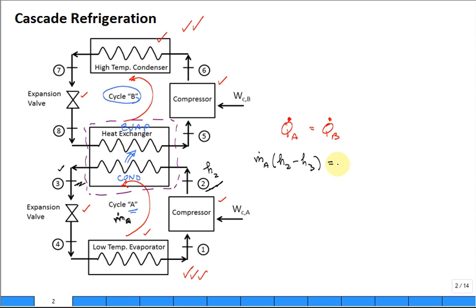And then that's equal to the mass flow rate in cycle B times the change in enthalpy. Here, it acts as an evaporator. What enthalpy is higher? 5 instead of 8. So everything's positive the way I wrote it. So that's what comes out of A goes into B.